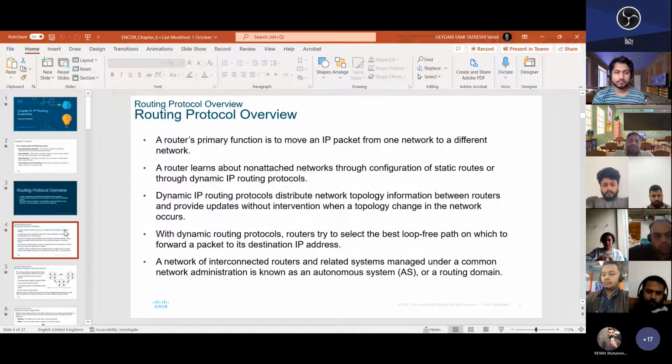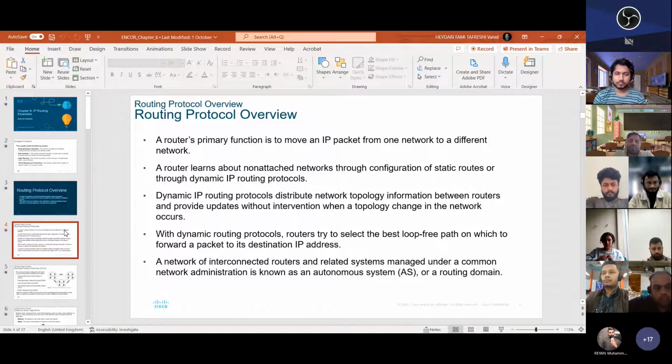But dynamic routing is about learning those remote networks. Thanks to these routing protocols, remote networks are learned and advertised to the neighboring routers as well. Accordingly, we have two different types, static and dynamic.